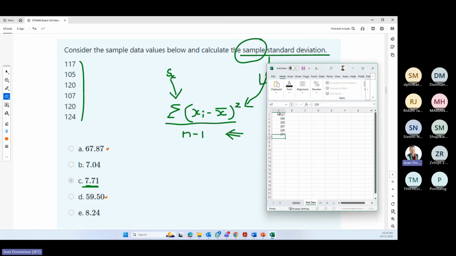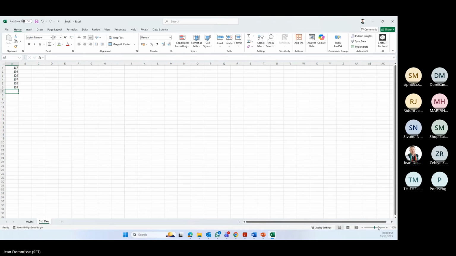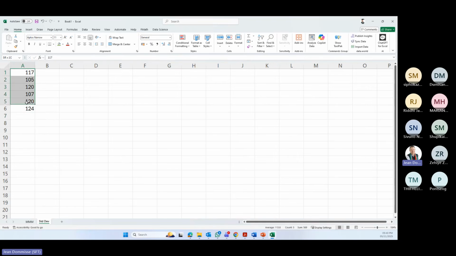120, 124. Okay, so let's do a few things around this also in Excel that you just have it. So here we're talking about standard deviation.